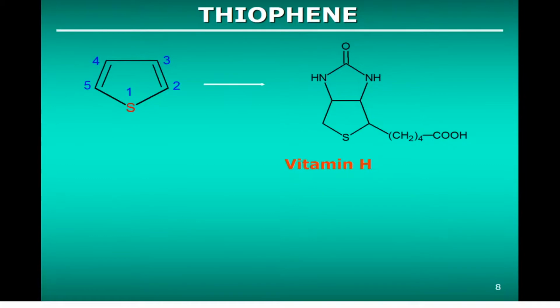All vitamins are biochemically important, and this vitamin, as you see, is a source of sulfur, an essential component that participates in collagen synthesis. Also vitamin H is responsible for the metabolism of glucose and fat metabolism.